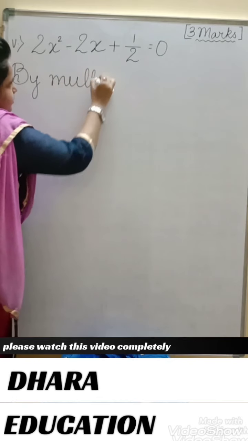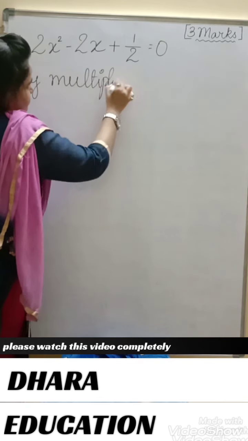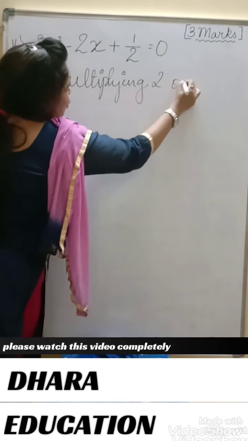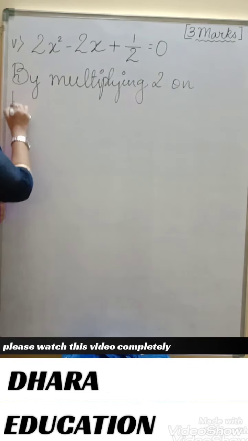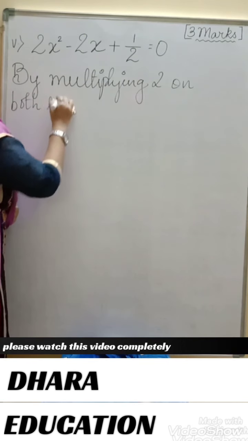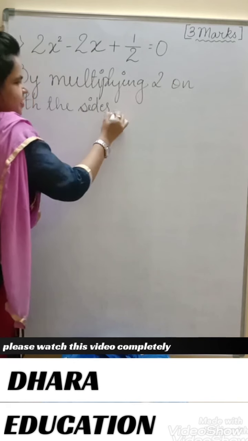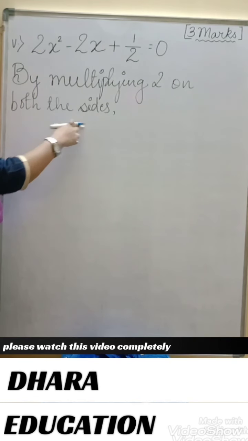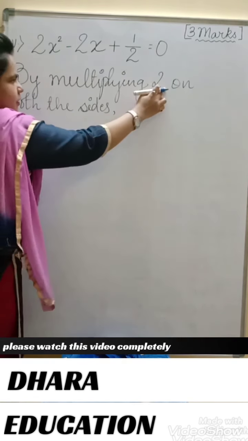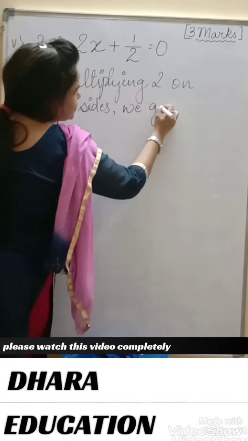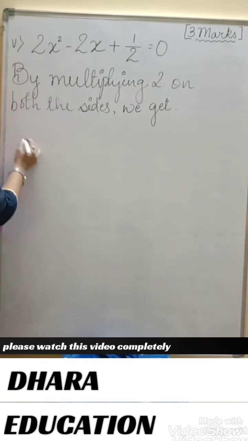By multiplying 2 on both the sides. It is optional, you can write both the sides also, or if you want to stop here, you can do so. We get, so please concentrate over here.